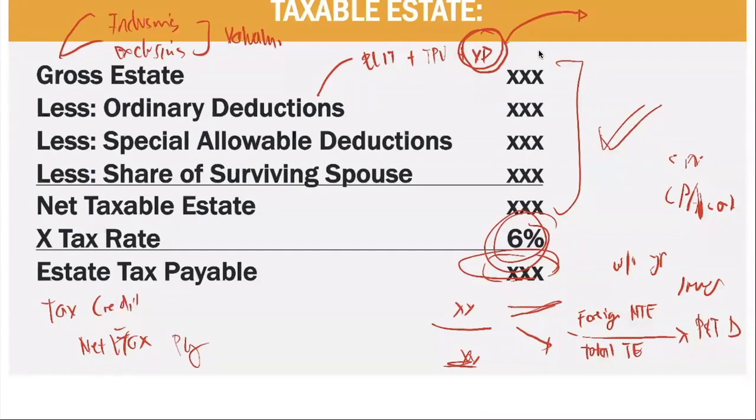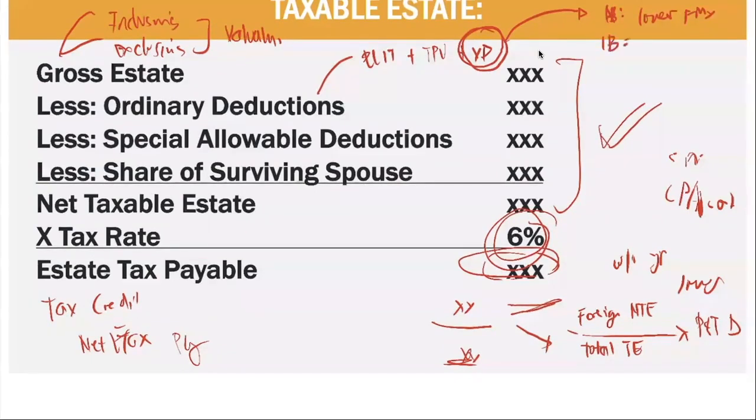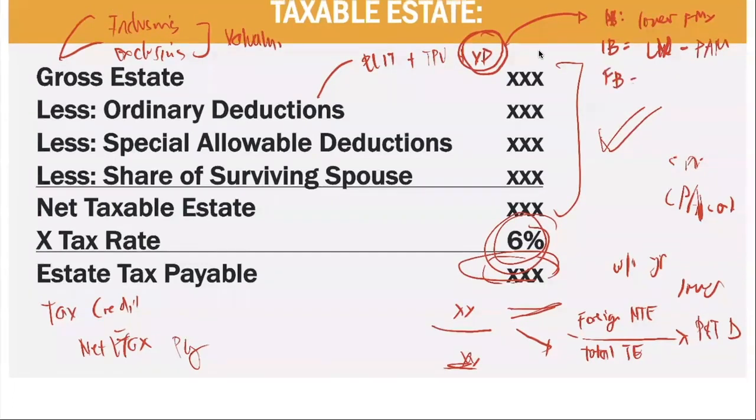First, you need to determine the initial basis, which is the lower fair market value, less your paid assumed mortgage. And then we get your final basis, which is equal to your initial basis less the proportion of your initial basis over your gross estate multiplied by your other ordinary deductions.